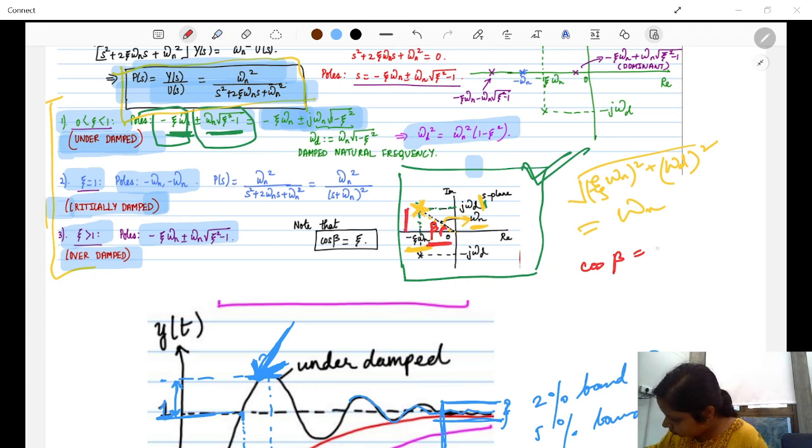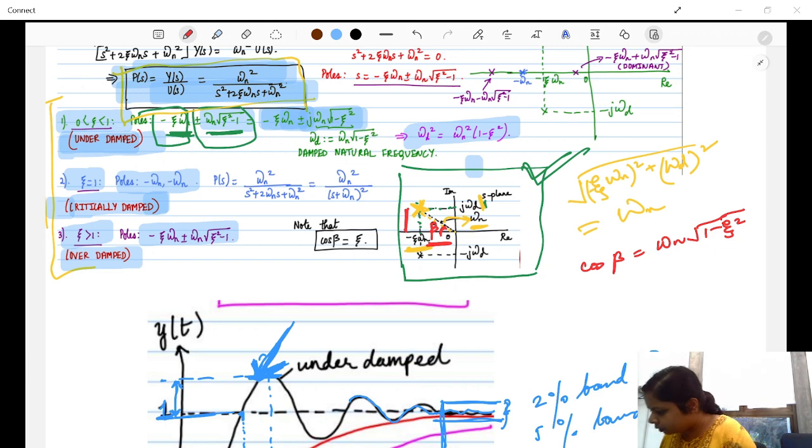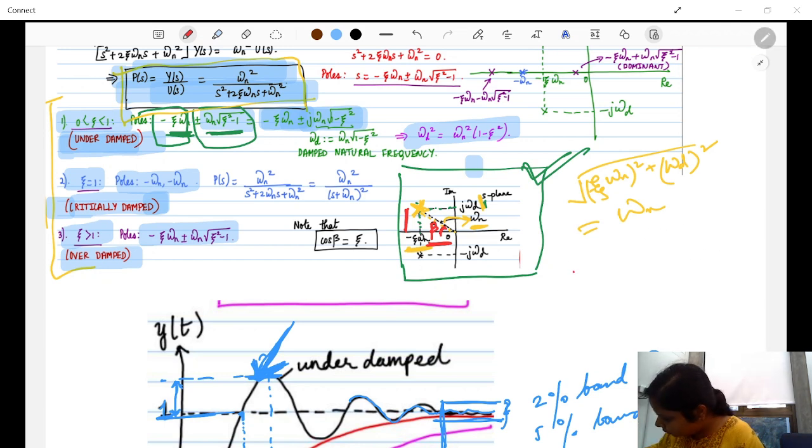So this is omega n under root 1 minus zeta square, right? Sorry, I wrote it wrong. When you write cos beta, it is not going to be this or this. This is going to be for sine. It is going to be this upon the hypotenuse.